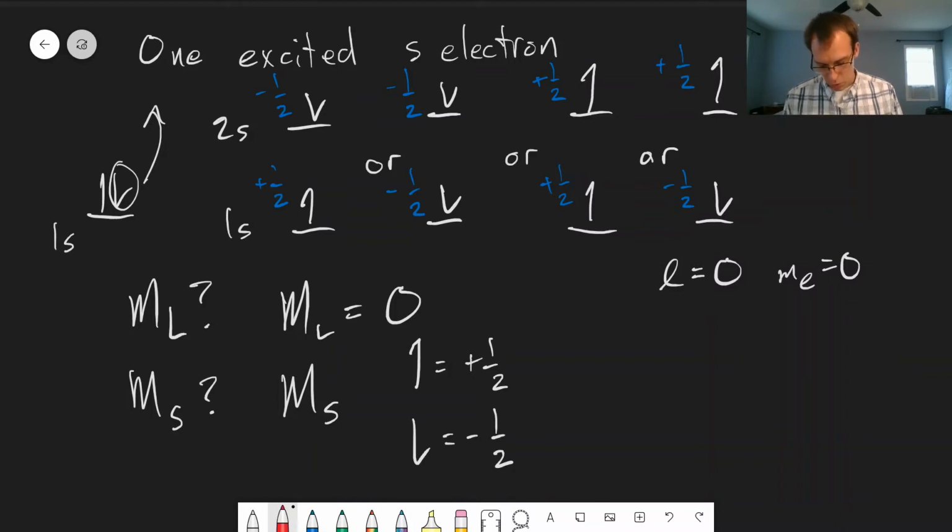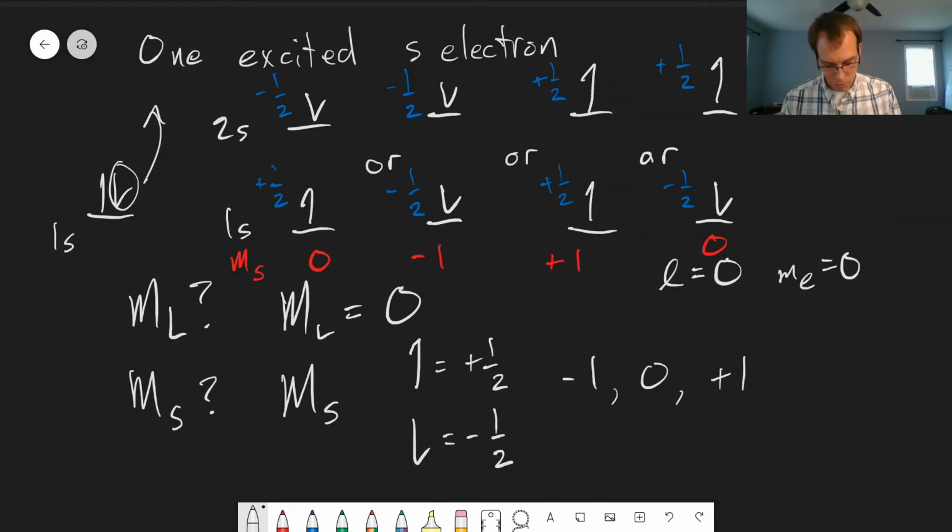If we add these possible values, we get 0 overall here, and these are capital M sub S. We have minus 1, plus 1, and another 0. So our possible values for M sub S: M sub L is boring, it's just 0, but here we have three different possible values. We can have negative 1, 0, or positive 1.